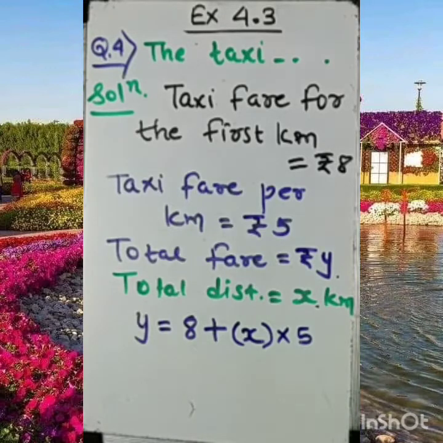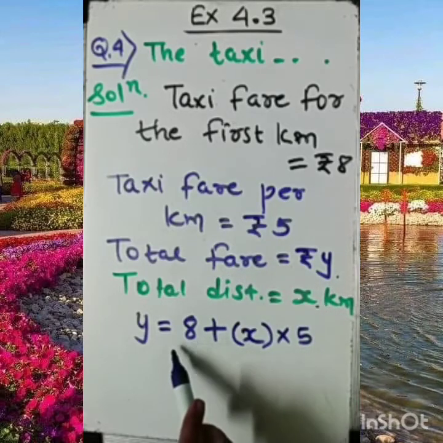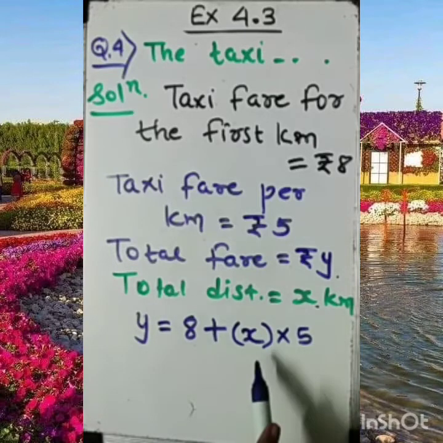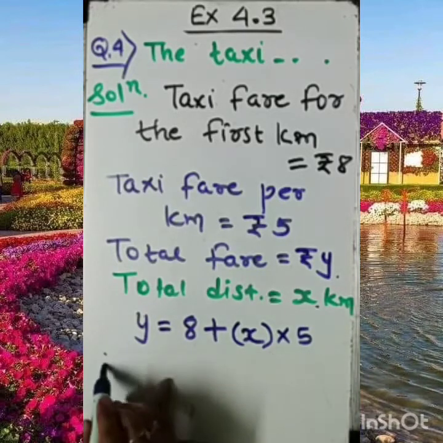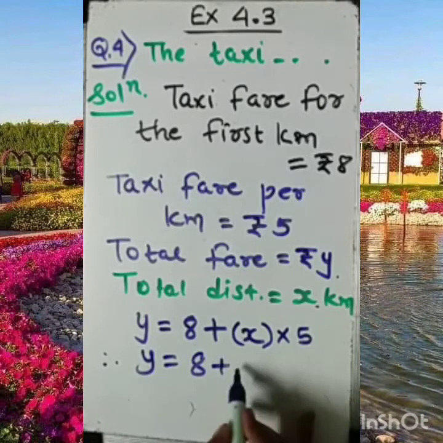We are not given the total distance, so for total fare it is y rupees, and total distance is x kilometer. So the next step is, therefore, y equal to 8 plus 5x.